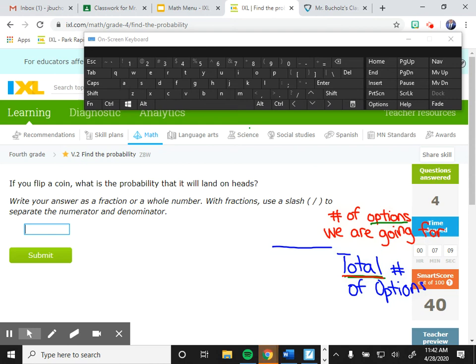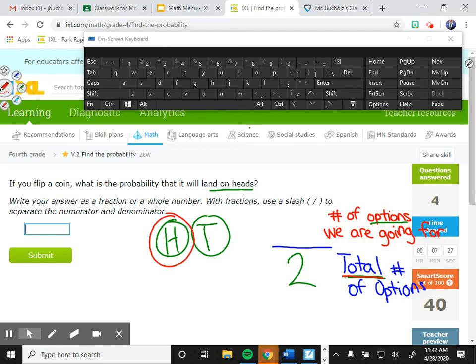If you flip a coin, remember we have heads or tails, 2 options, so that's going to be 2. What is the probability that it will land on heads? We only have 1 heads. That is the number of options we are looking for. So 1 over 2.